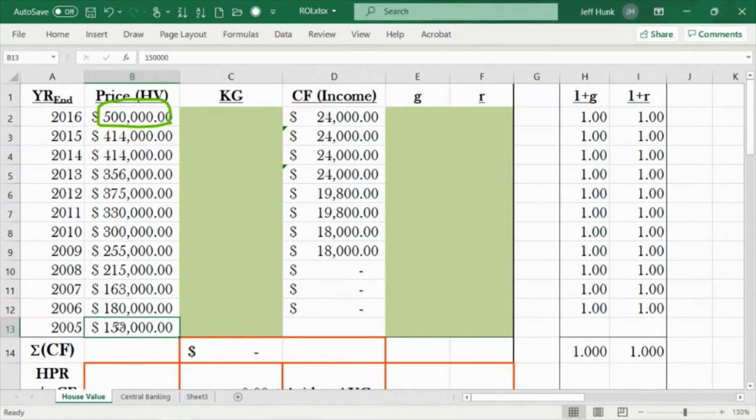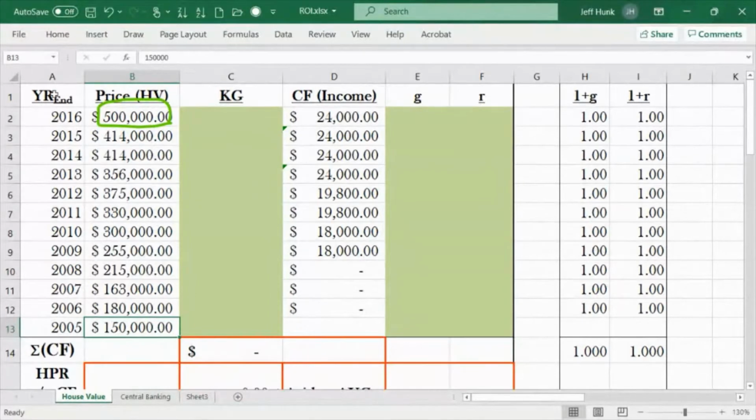And over the course of 11 years, it's going to be 11 years from the end of 2005. End of 2005 is also the same thing as the beginning of 2006. You understand? So let's say by the end of 2016, the house value grew to 500,000.